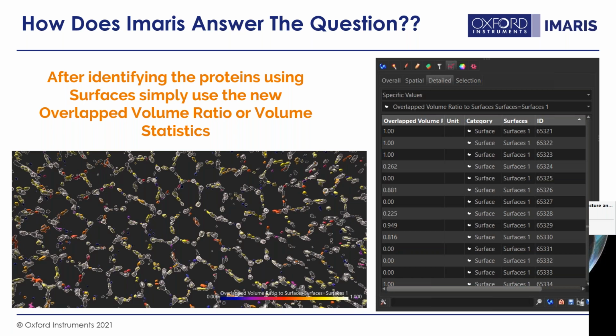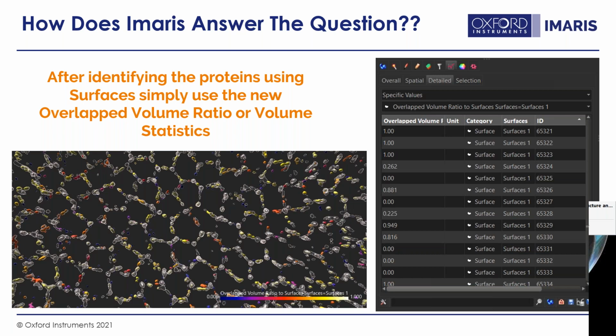And then after you find both of those surfaces and make sure that object-object interactions is checked on, you can simply go into the statistics tab, where under detailed and under specific values, you'll find two new measurements, or what we call statistics: overlapped volume ratio is the first one, and overlapped volume is the second one, sorry. And so then for each and every surface, it will tell you how much it's overlapping with the surfaces of the other type.